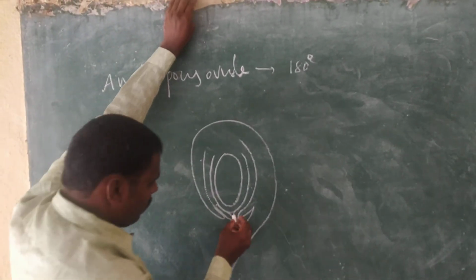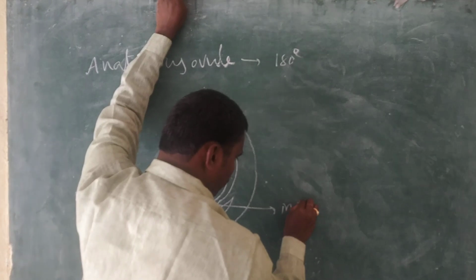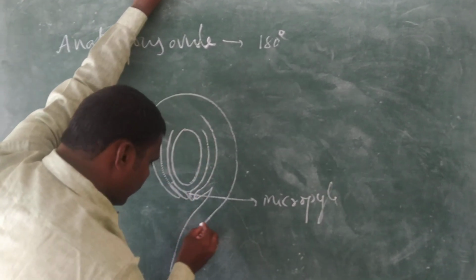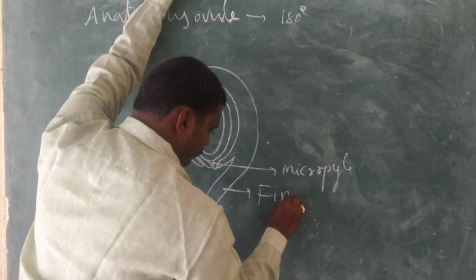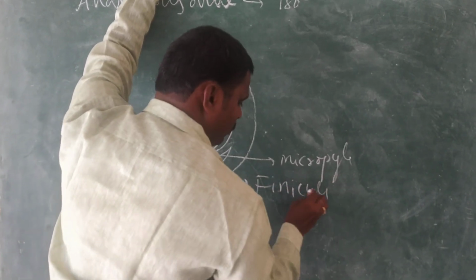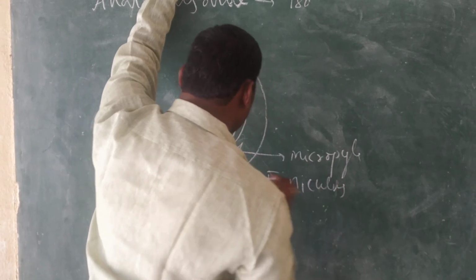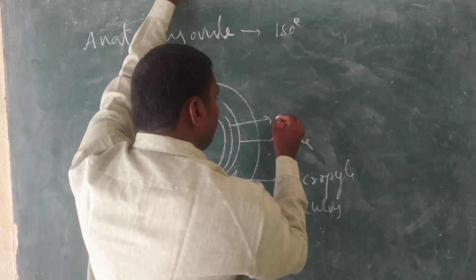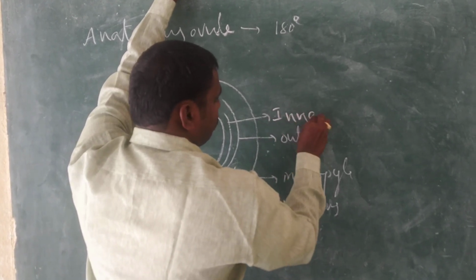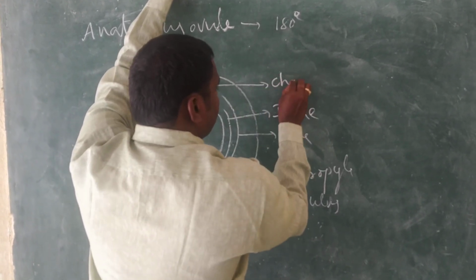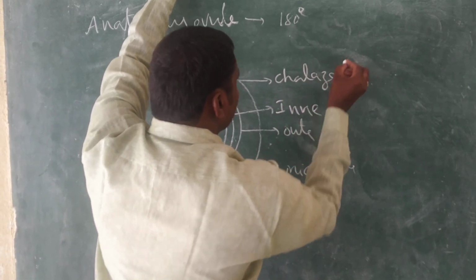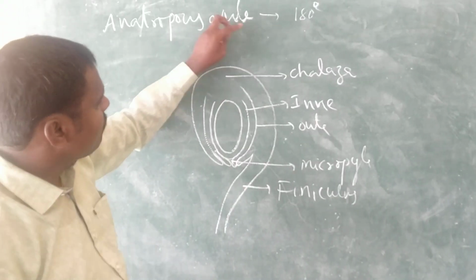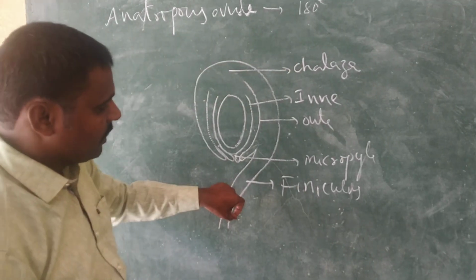See, this is the micropyle, but this micropyle is directed towards the funicle. And this is the outer integument, and this is the inner integument. This is the chalaza. See, the degree of curvature is 180 degrees.